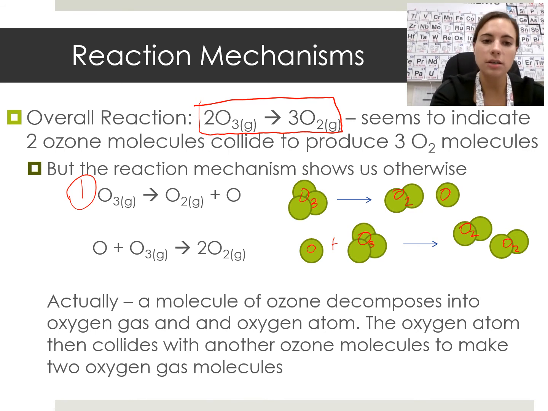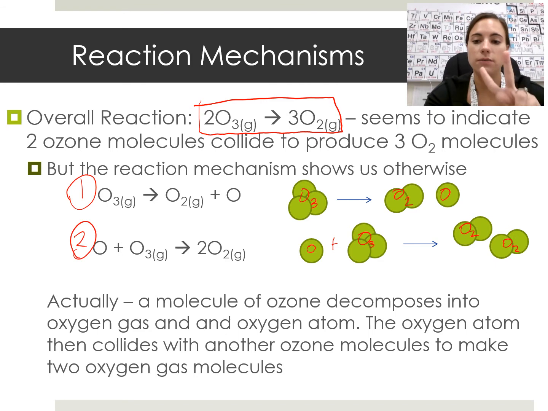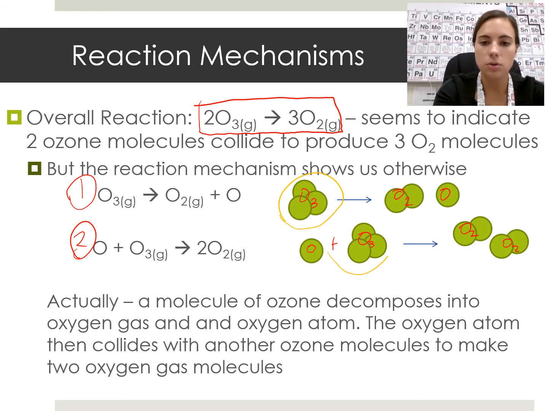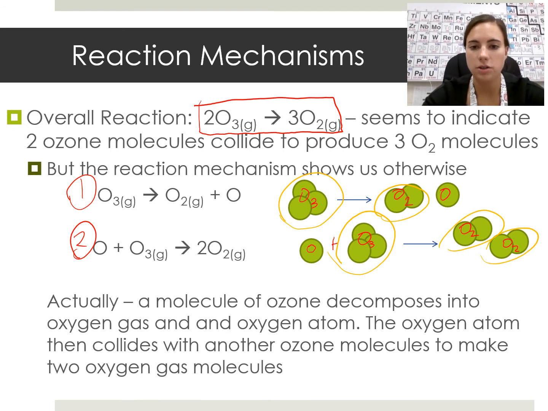So this actually happens in a series of 2 steps. In the end, overall, we get 2 ozone molecules creating 3 oxygen molecules. And we'll talk in just a second about what we call this singular oxygen atom that was produced in the meantime.